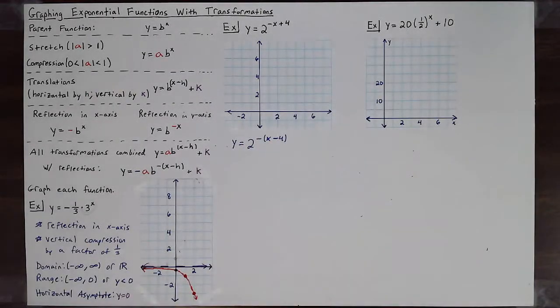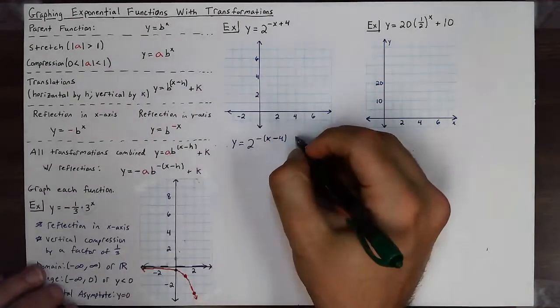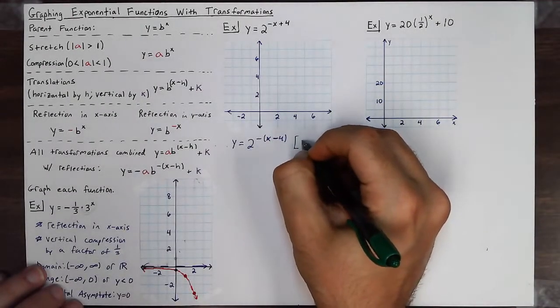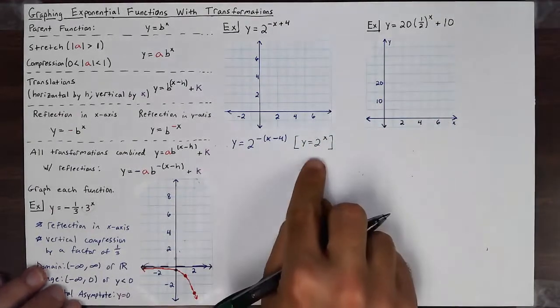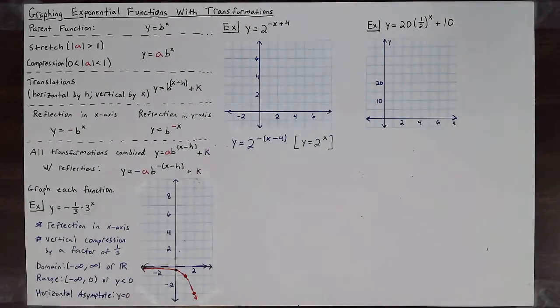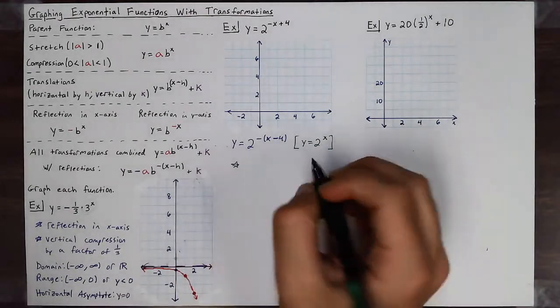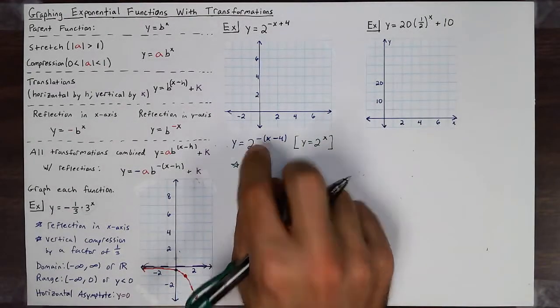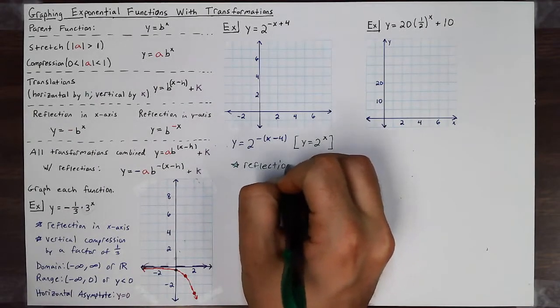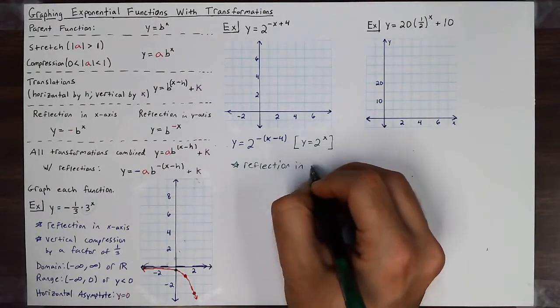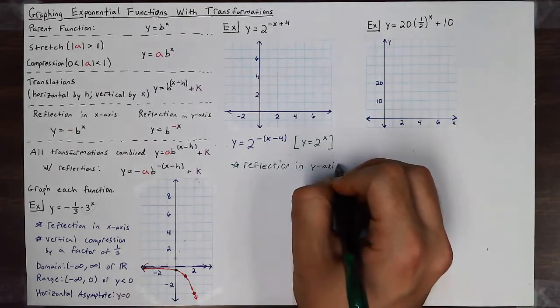But now let's go over how to graph this. It's going to start with a parent function that's very simple: y is equal to 2 to the x. We'll see how it changes from this. What I can already tell is that the negative by the x means there is a reflection in the y-axis this time, which I'll go over in a minute.